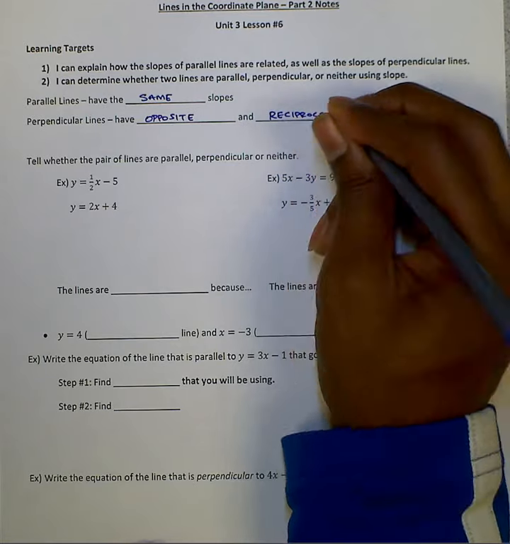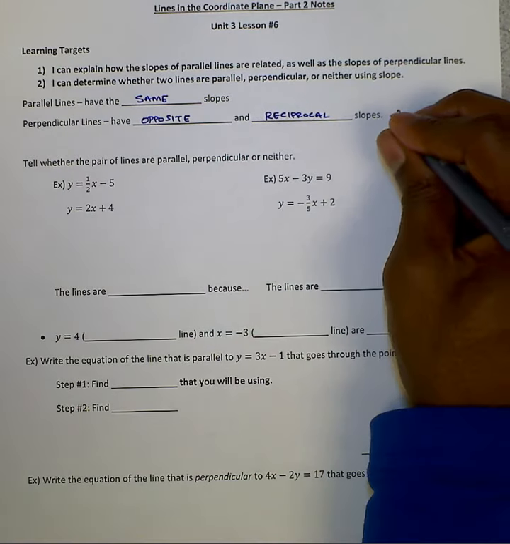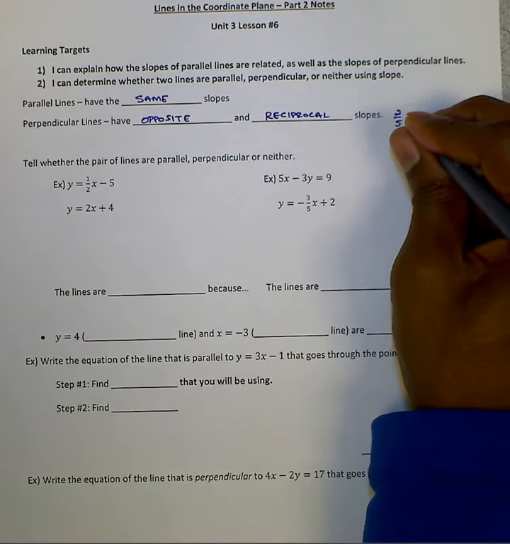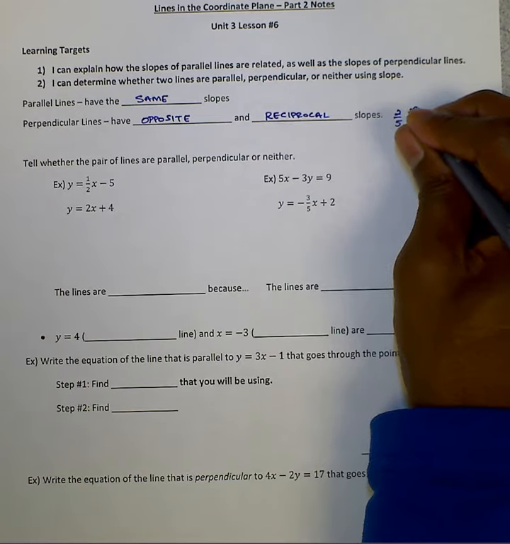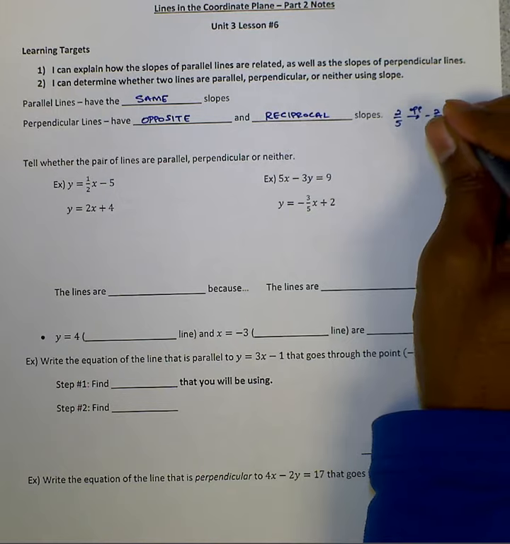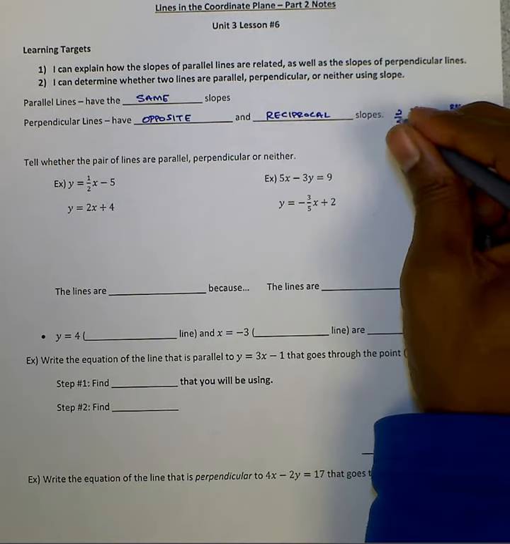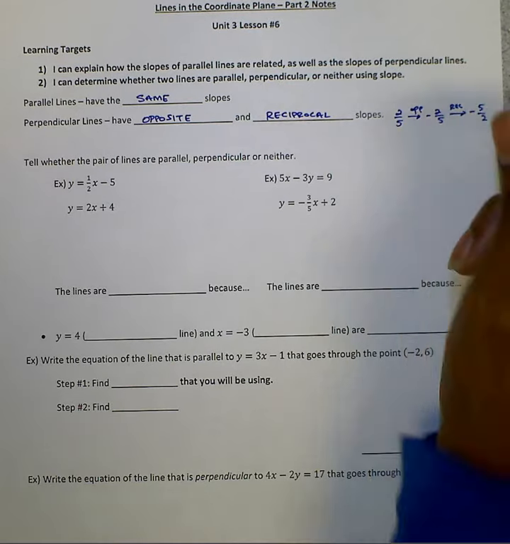What that means is, if the slope of one line is, let's say, 2/5, its opposite would be negative 2/5, and its opposite reciprocal would be negative 5/2. So notice that 2/5 is the opposite reciprocal of negative 5/2.